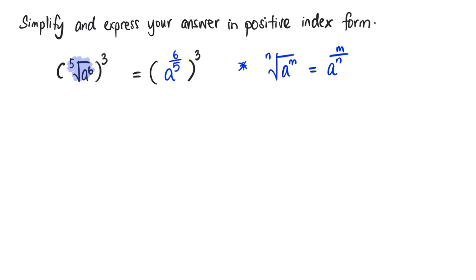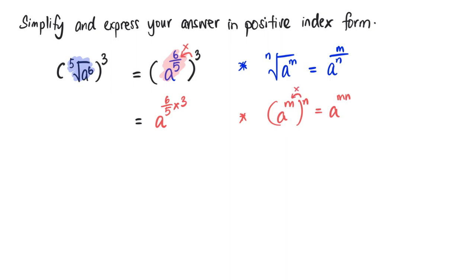Okay, then next, I would then multiply in to give me the following. So for this particular part, the power will then be equal to a to the power of 6 over 5 multiplied by 3, because a to the power of m, bracket n, is equal to a to the power of mn.